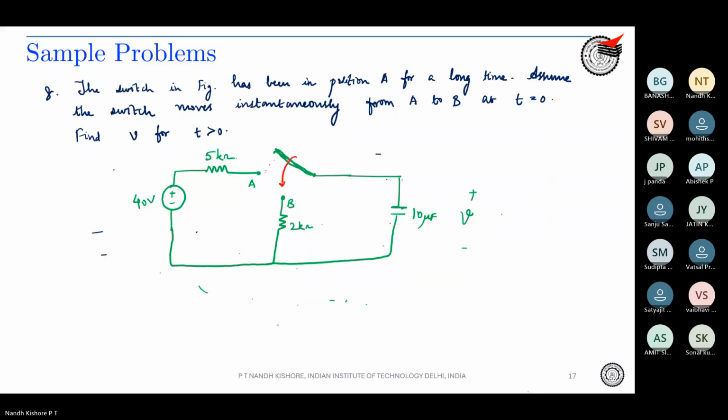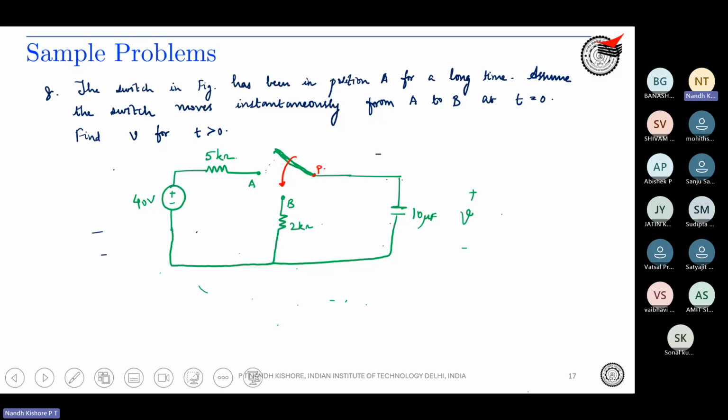Okay, so what is this type of switch? Have you heard of SPDT, single pole double throw, which means that it has a single pole over here, but it has two throws. It can go either to point A or point B. So this type of switch is called a single pole double throw switch.